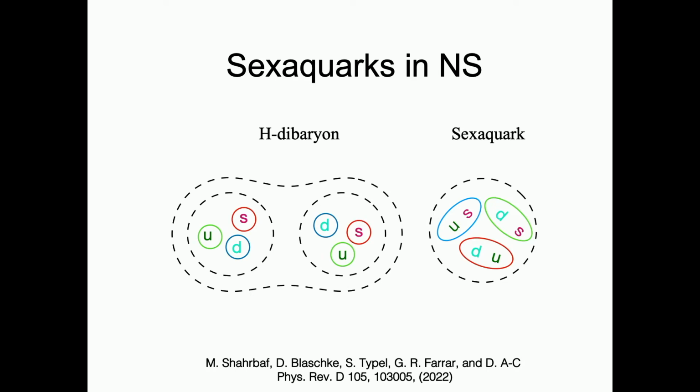Another candidate is the sexaquark, which is basically a boson because of its spin, and it belongs to the standard model. It is not as exotic as axions. However, this could also be produced in neutron stars.